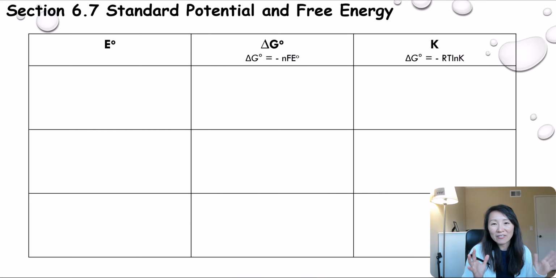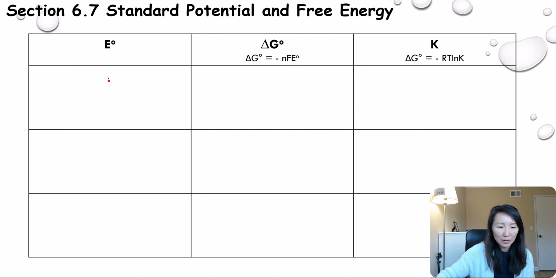Now that we have done some examples regarding the standard potential and free energy, I want to categorize everything together so that we can see the clear relationship between the standard potential, the free energy, and K, which is the equilibrium constant. In the scenario before, we had the E value that was positive.